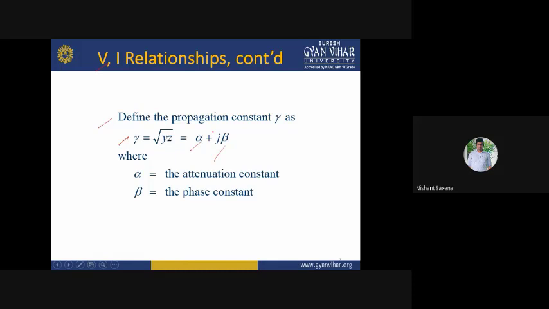So these are the two constants of the parameters of the transmission lines. Z and Y are your per unit impedance and per unit admittance of the per unit length of the transmission line.